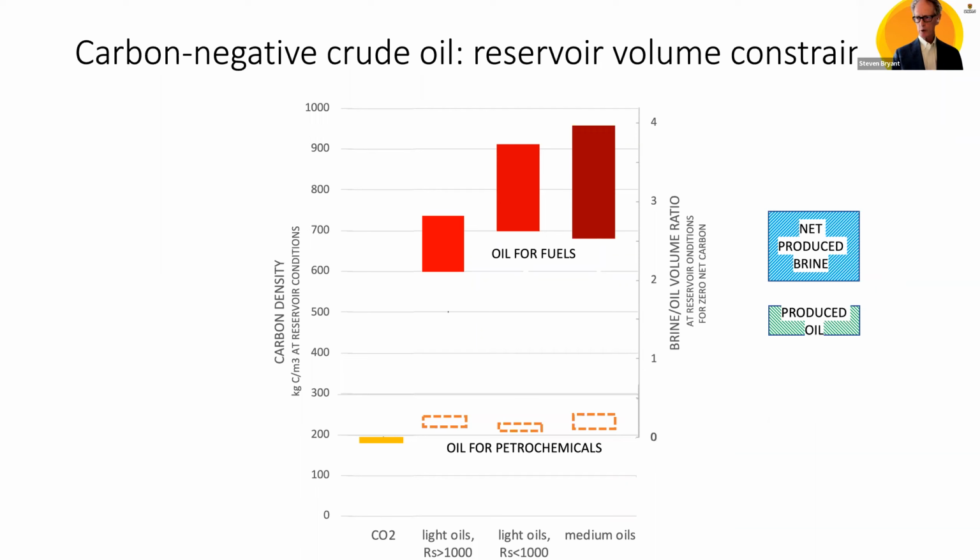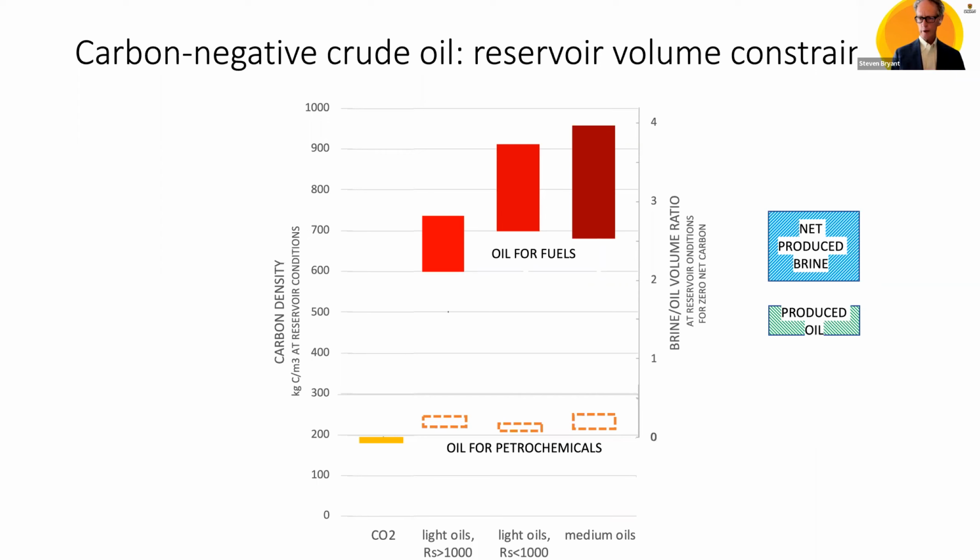We're looking at reservoirs greater than 1 kilometer in depth, so the CO2 is supercritical. In that state, the CO2 carbon density as a phase is a little bit short of 200 kilograms per cubic meter. The oil carbon density, and this density includes not just the oil itself, but all the associated emissions during production, refining, transportation, et cetera.